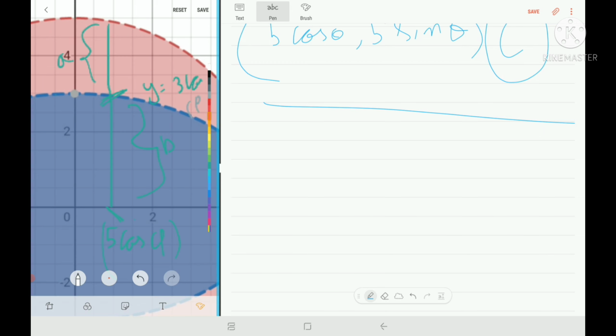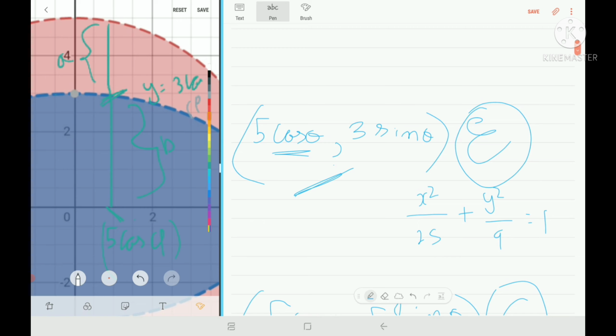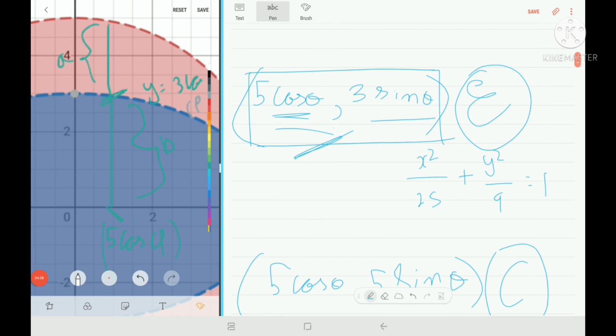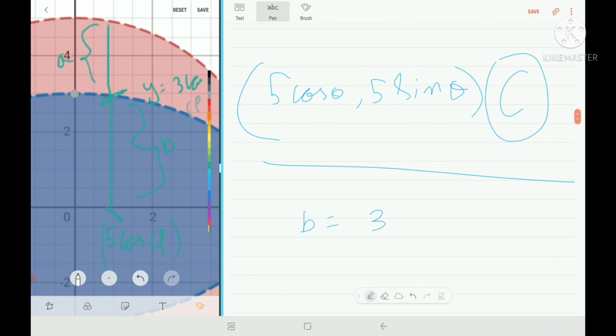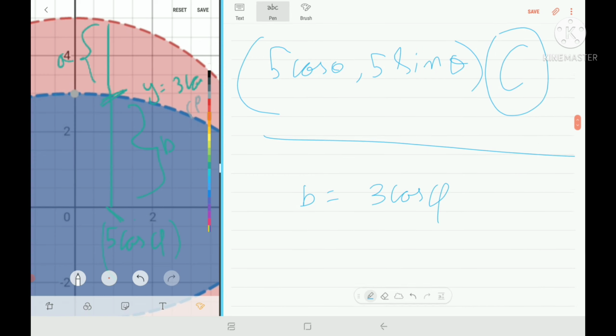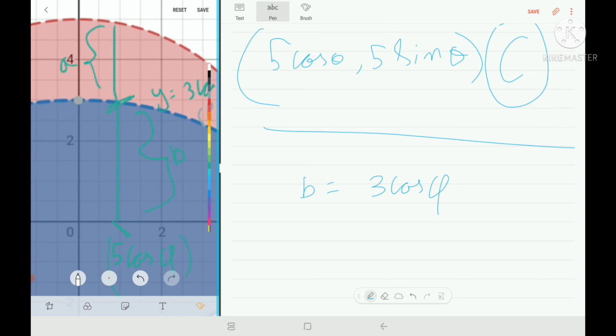I'm writing phi below, excuse me, because the general coordinate of the point is 5 cos theta and 3 sin theta. So we directly got that B is 3 sin phi, right? And now if you try to find the value of A, you can just notice that the coordinate of this point will be something like 5 cos phi comma 5 sin phi, right?